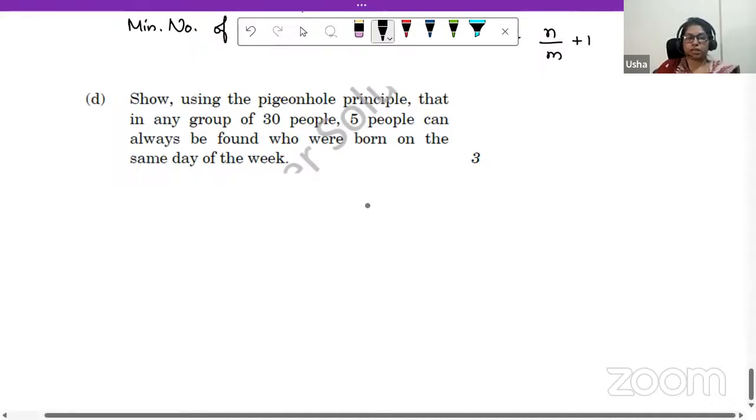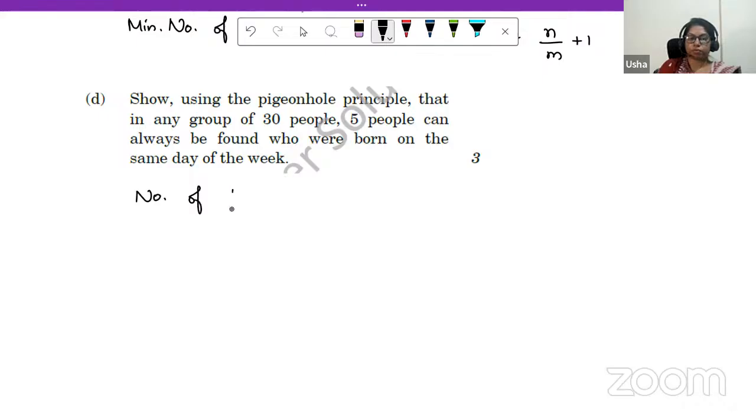So just write this description. Number of people is equal to 30, and then the number of days of a week. So what are we finding here? If I put these people into groups, and the groups are based on the day of the week on which they were born. If 2 people are born on Monday, they are made as one group. And if there are 3 people born on Tuesday, they are made as one group.